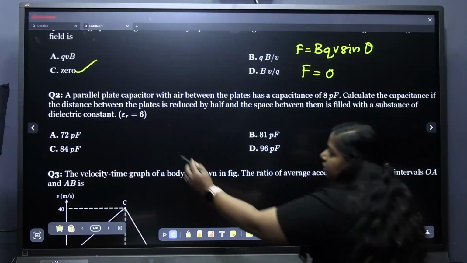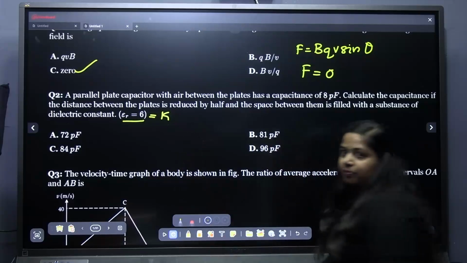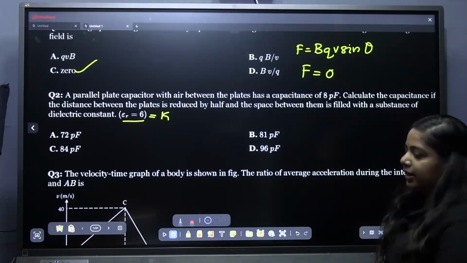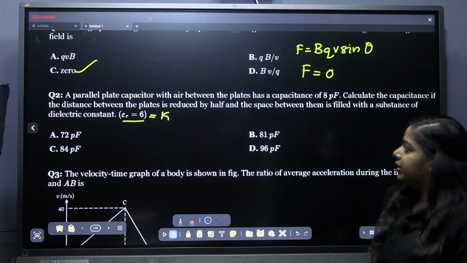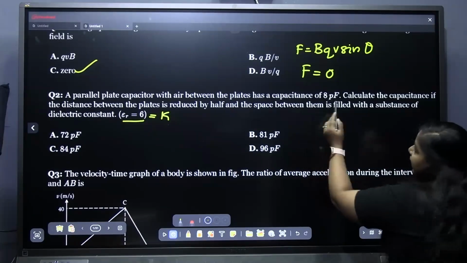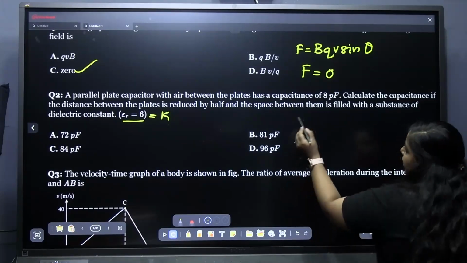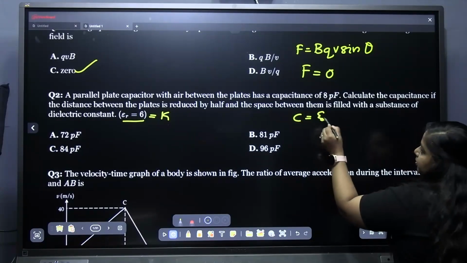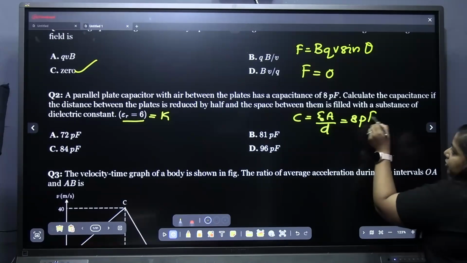So dielectric constant epsilon r, this is same as K. Okay, relative permittivity they have given, that is same as dielectric constant, that you have to remember. And see, with air in between, the capacitance is given as 8 picofarad. So C equal to epsilon naught A by D, this is given as 8 pF.